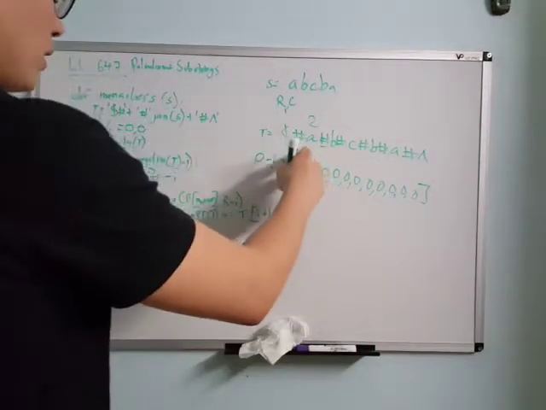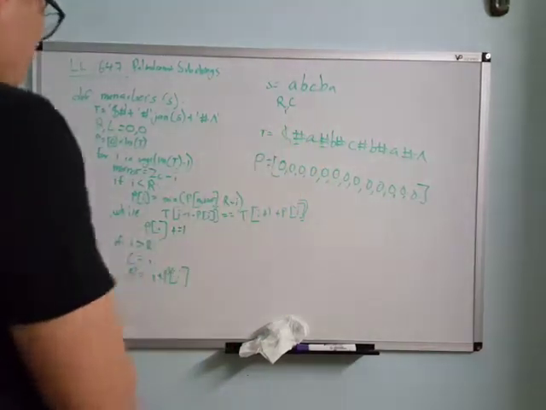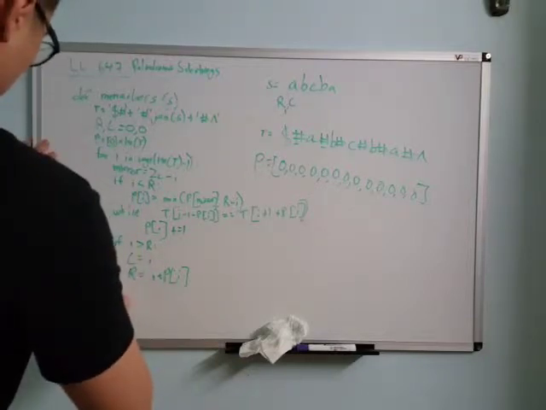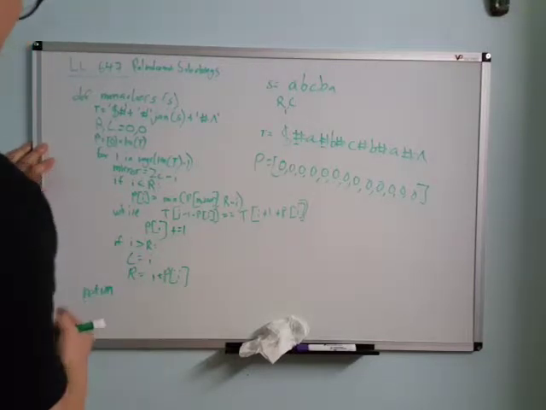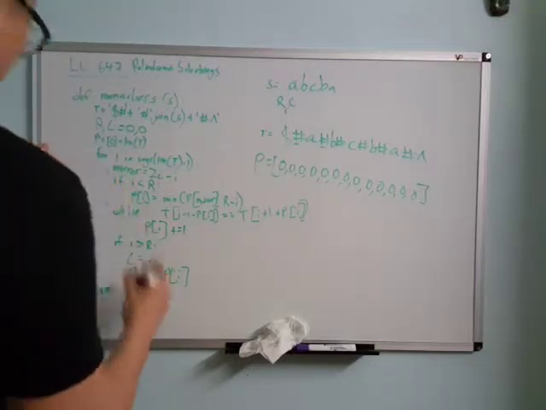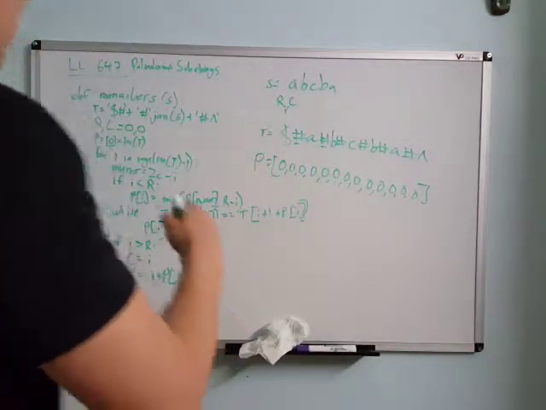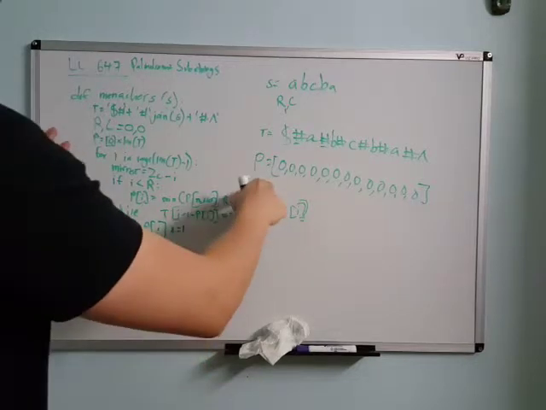So let's say we're at here, this is our center. This is all the function, so let's just go over the code. We would just return P, right? So R and C start at index 0, we have P initialized here.